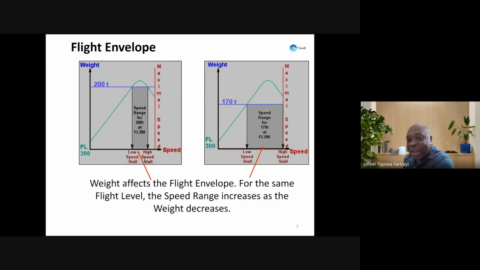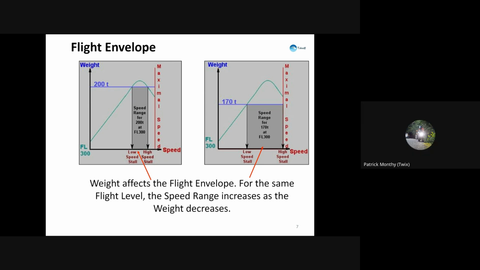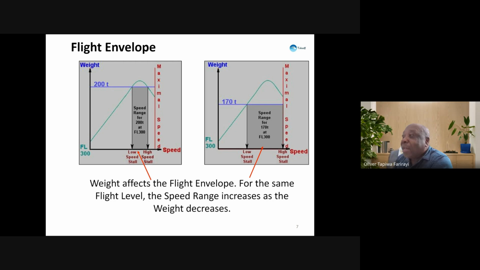Anyone wants to give that a try? The aircraft will stall. Yeah, it's actually written here, you stall. But again, Patrick, since you're the one who started talking about stalling, from what we mentioned today, what causes this stall?